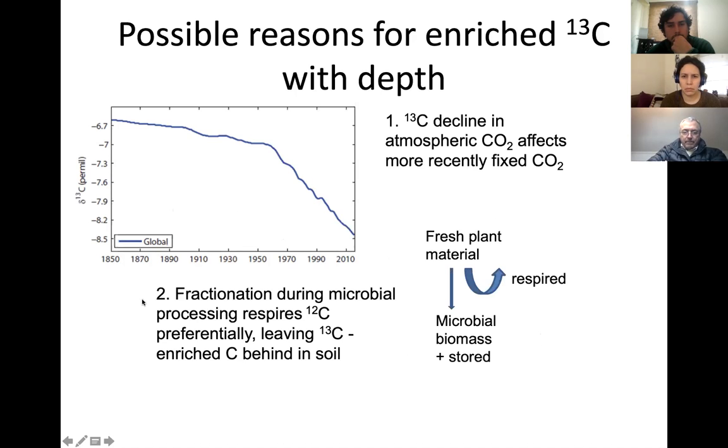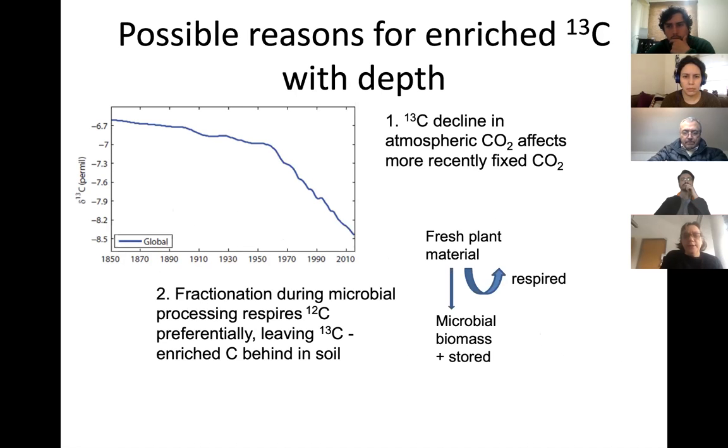So the second big explanation for the increase in C13 with depth has to do with the fact that a lot of the carbon that's just being added is fresh plant material, most of which is being respired and some of which is being retained in microbial biomass or sorbed onto mineral surfaces.